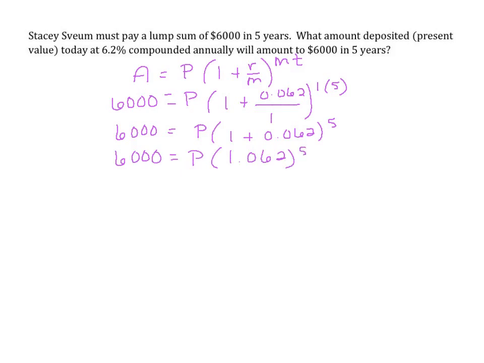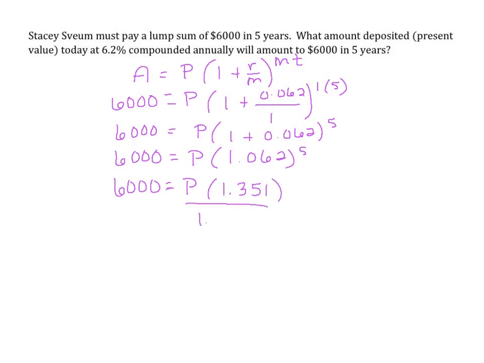Go ahead using your calculator. Take 1.062 to the 5th power. And we get, when rounded, 1.351.